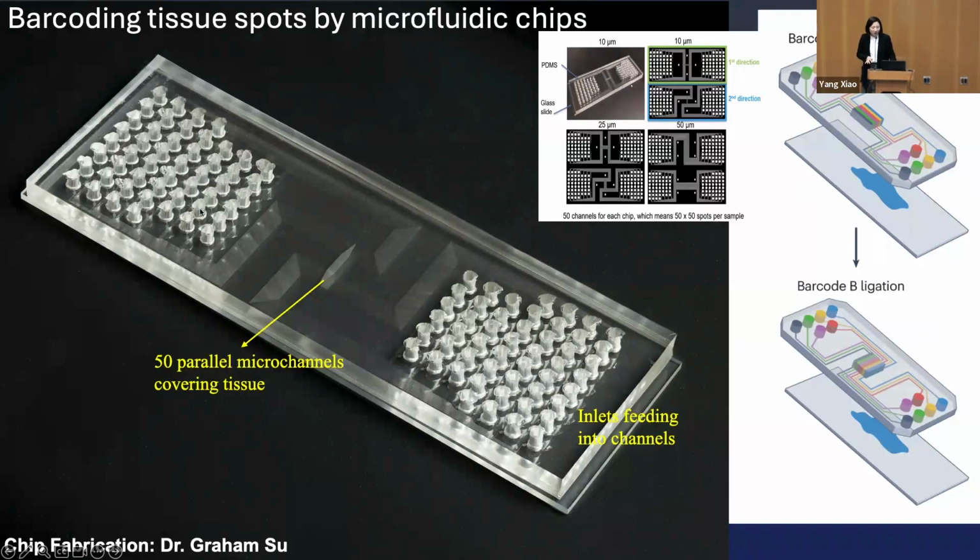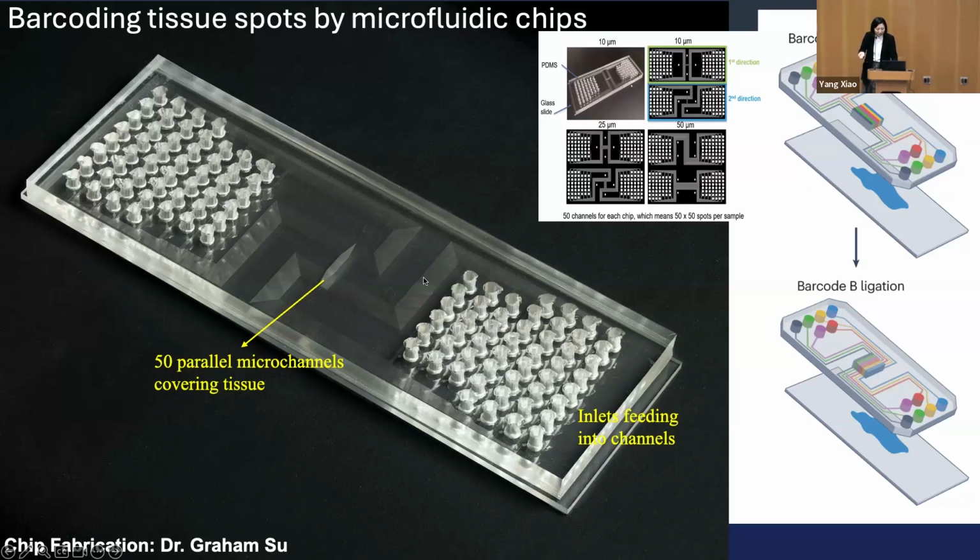So the experiment starts with a tissue slide on the bottom and the PDMS slab made by soft lithography. It's a technique in electrical engineering where you can use light to etch specific small channels at your resolution. So here you're seeing 50 parallel microchannels at 10 micron resolution, but the resolution can be variable depending on your need.